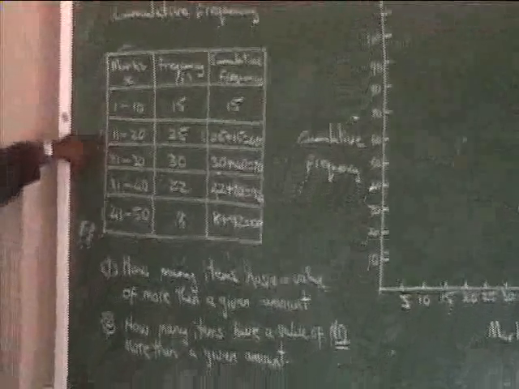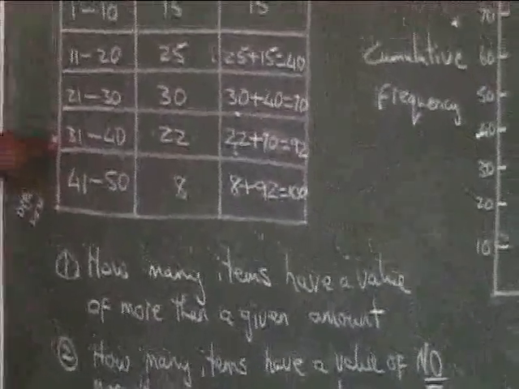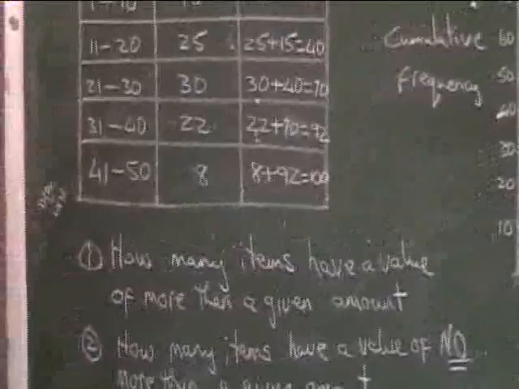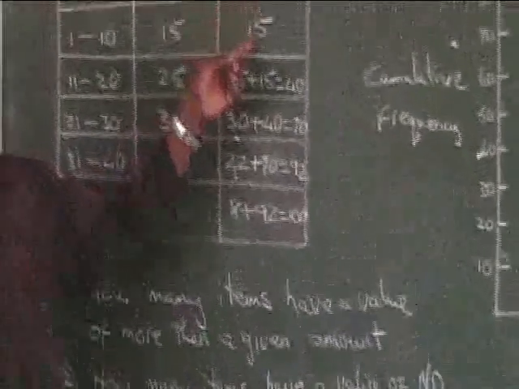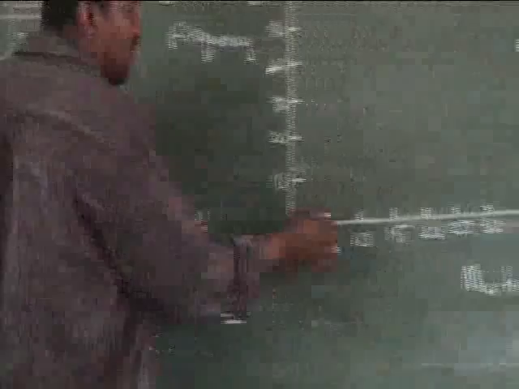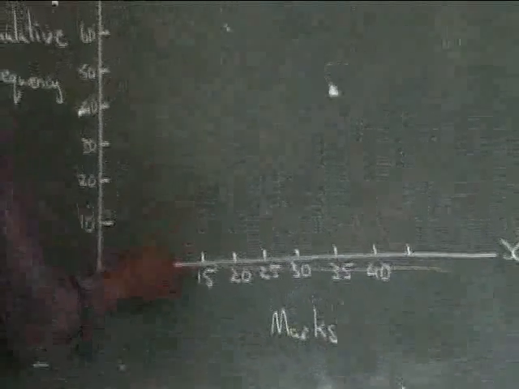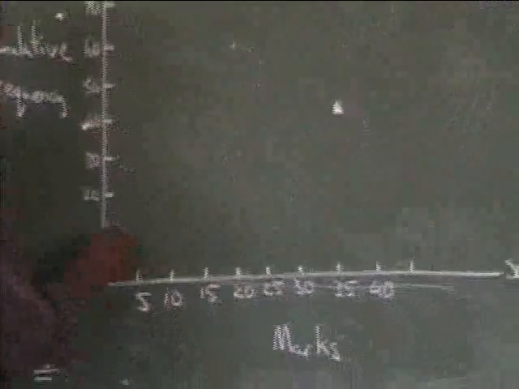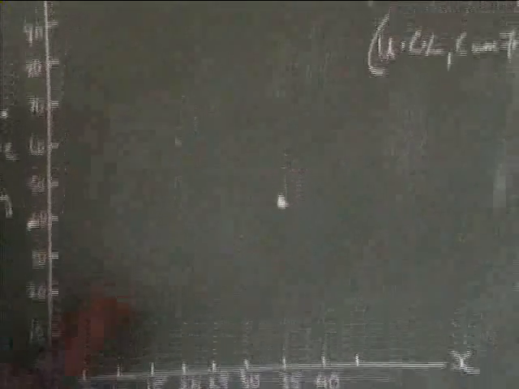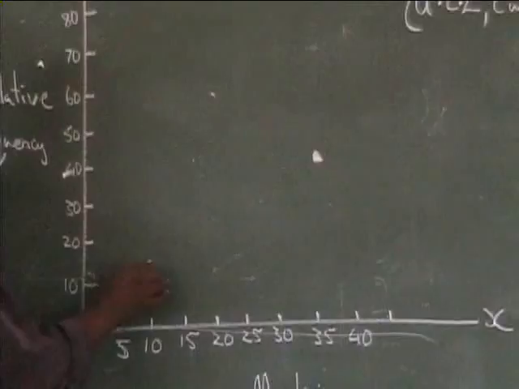And what is the lower class limit? 11. What is the upper class limit of this class? 40. And the lower class limit? 31. So we're going to plot 10 against 15, because as I said, it will be inconvenient for us to plot 10.5. So we look for 10 on the x and 15 on the y, bring it way here. So this will be 10, 15.